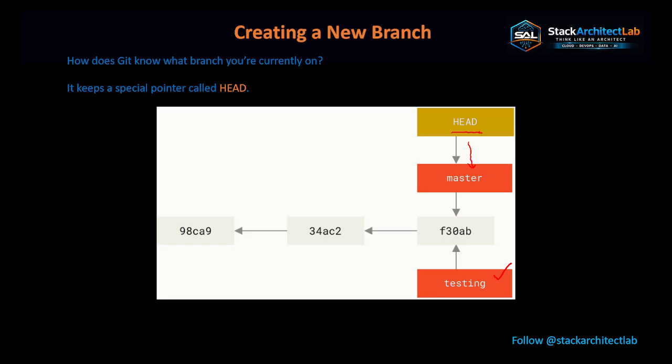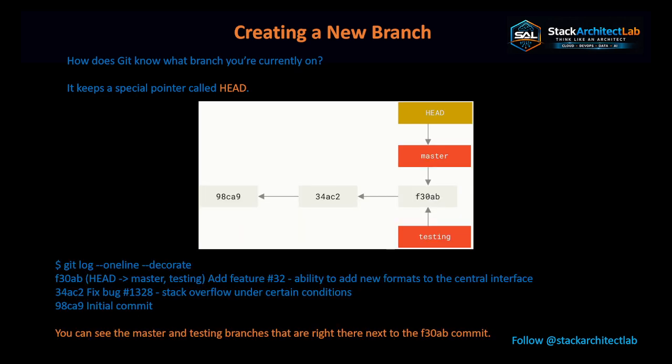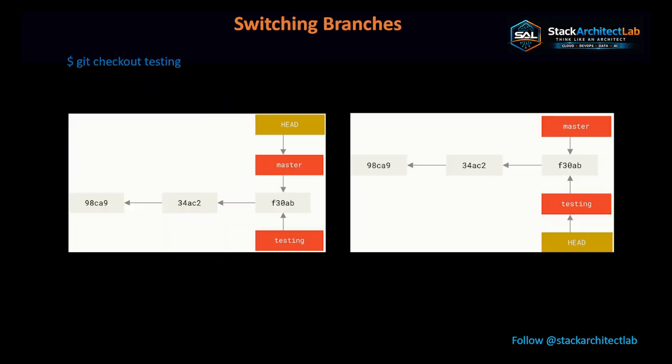So how do I change that? That is another question. I have just created my branch, but I have not switched my branch as of now. So how do I do that? For switching my branch, I need to say that this is my branch and I want to switch to it. So I will say git checkout testing.